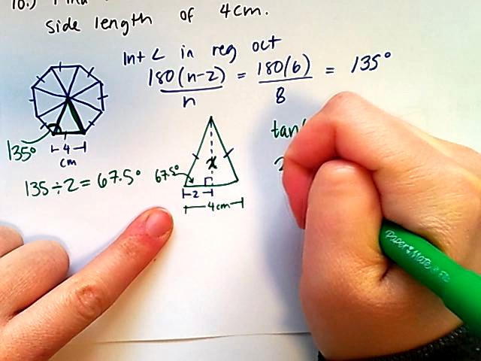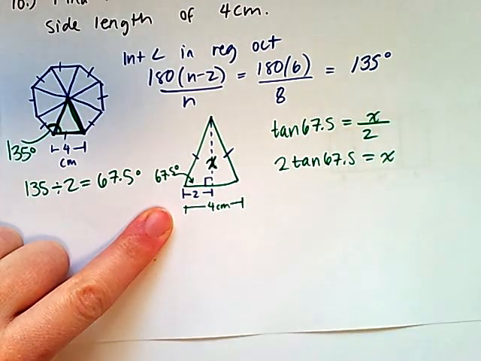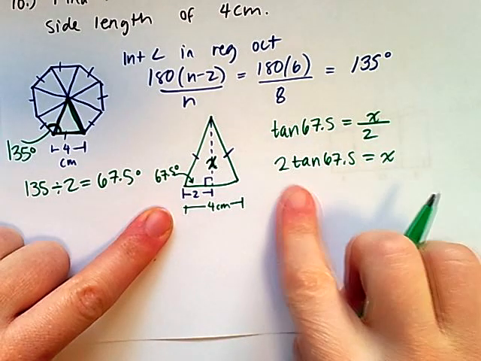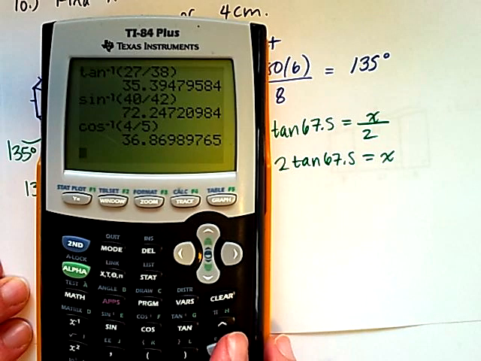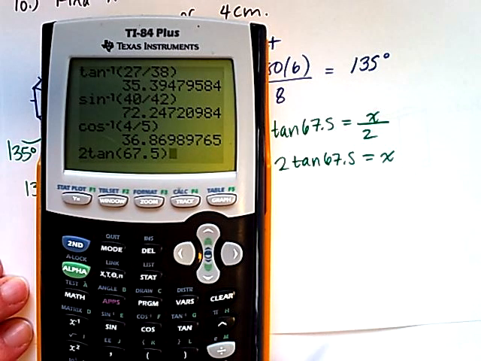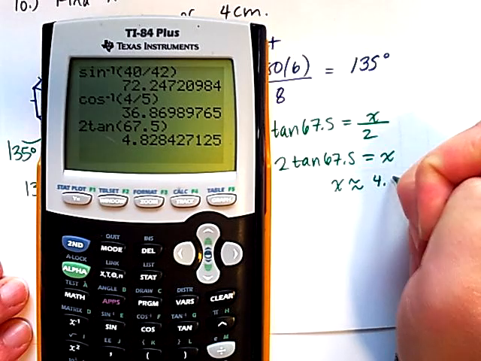Then 2 tan of 67.5 should tell me what x is. And if I type that into my calculator, 2 times tan of 67.5, I get x is approximately 4.83.